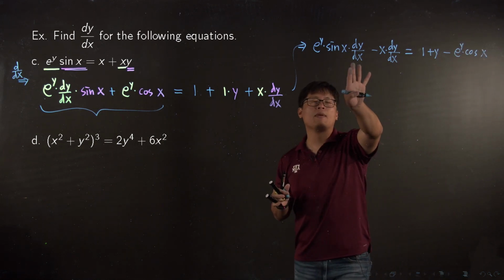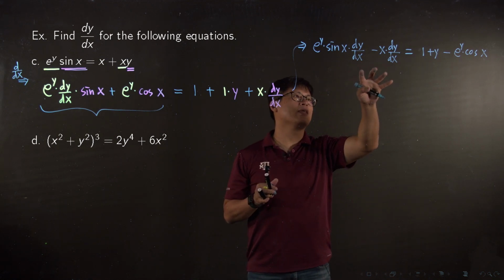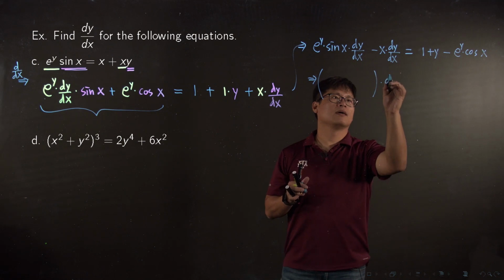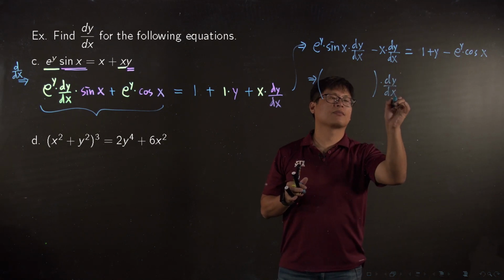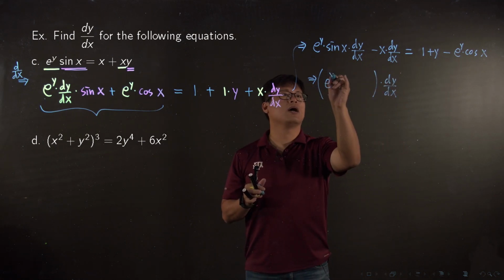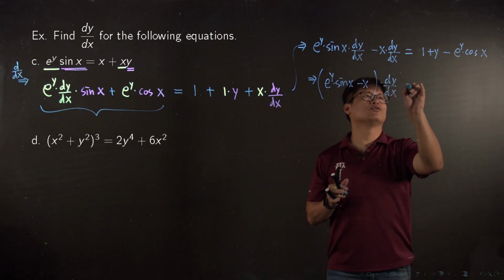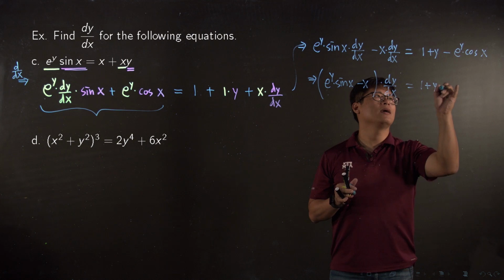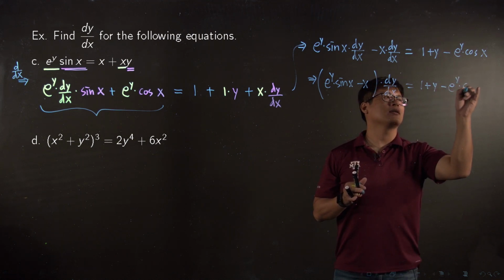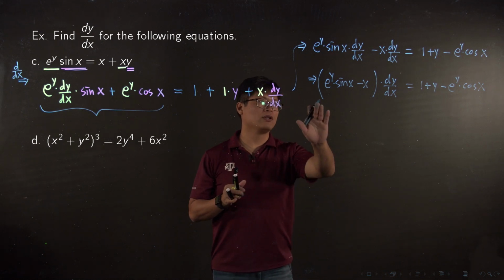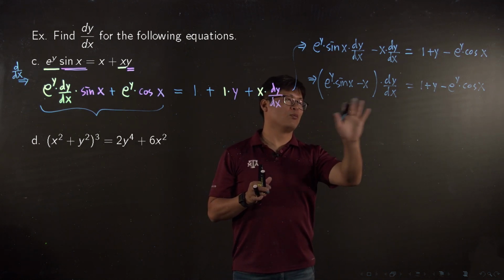Then on the left hand side, let me pull out the common factor, which is dy dx, okay? Then this can be written with big parentheses, common factor. And here, e to the y times sine x minus x equals 1 plus y minus e to the y times cosine x. Is that clear so far? Then we're going to divide by this one on both sides, okay?